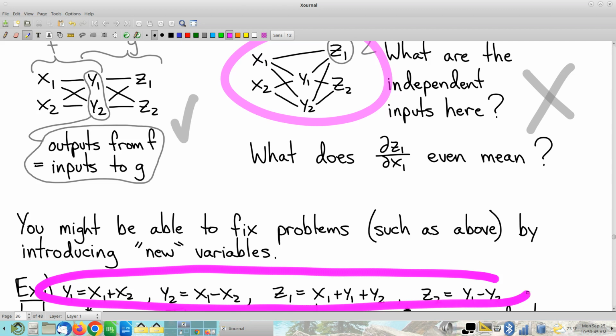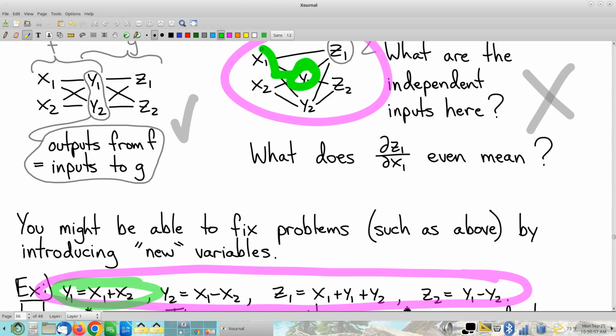Here's a bunch of equations relating certain variables, and notice this is where the diagram came from, kind of, that y1 is x1 plus x2. y1 is a function of x1 and x2, et cetera, right on down the line.